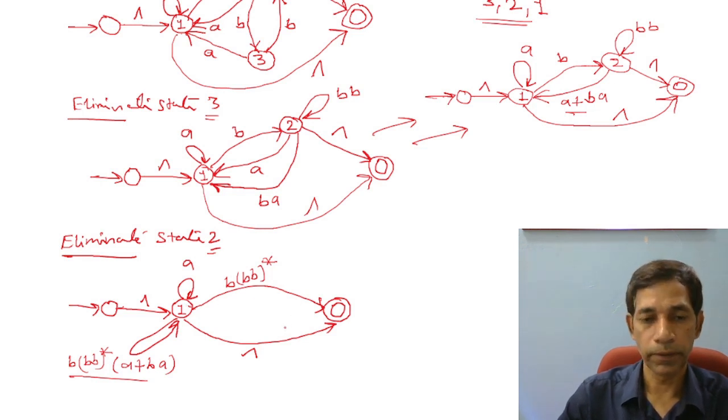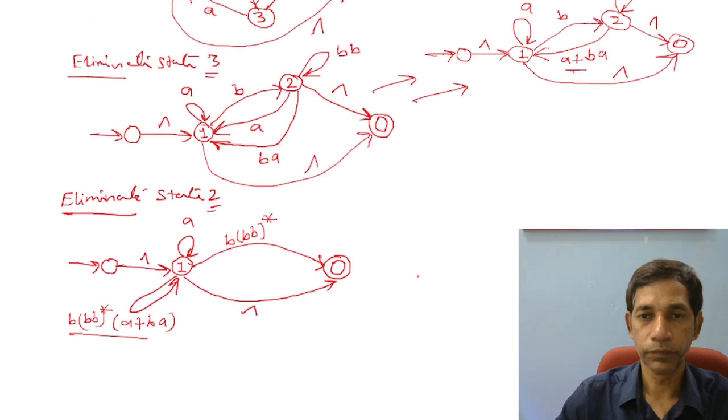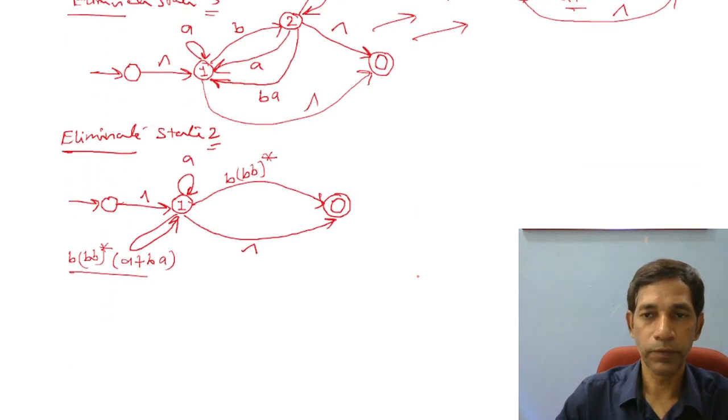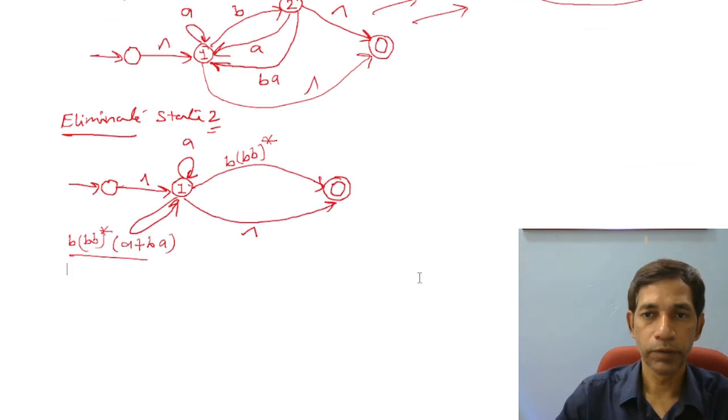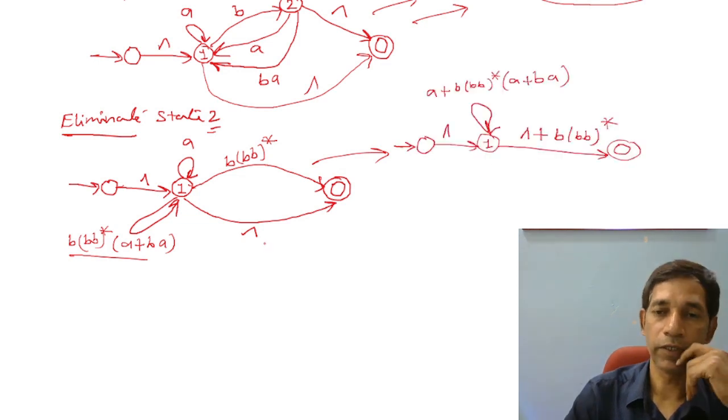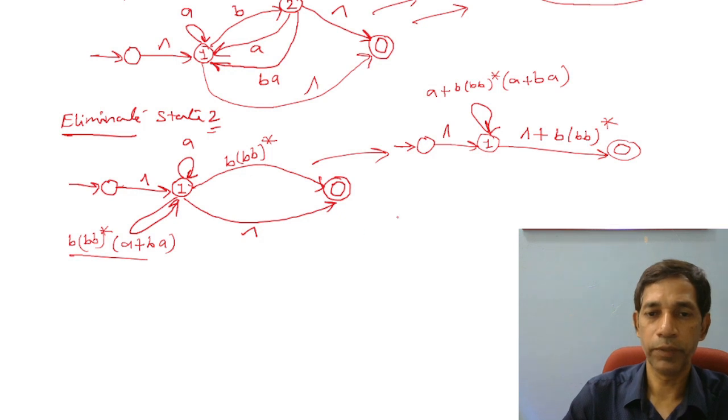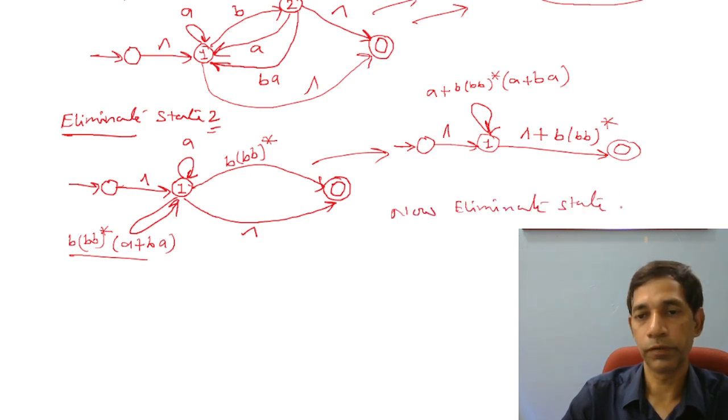Now this is the result. So what you can do, you can simplify this again, and once you simplify this, this is the equivalent form you have obtained. Now eliminate state 1.